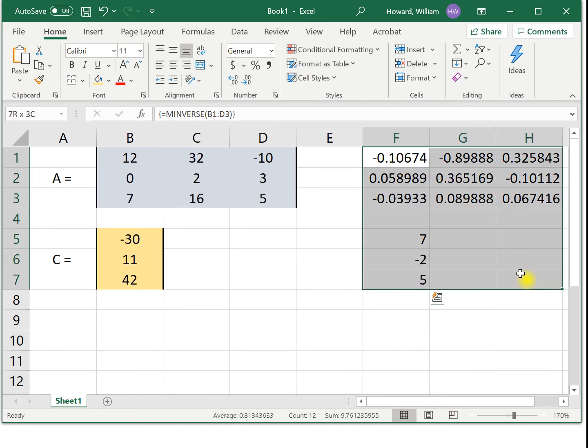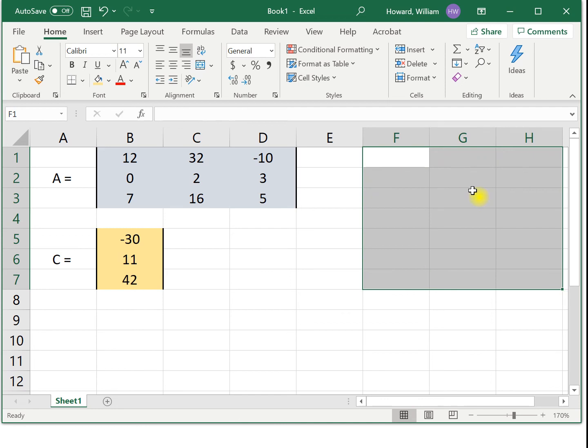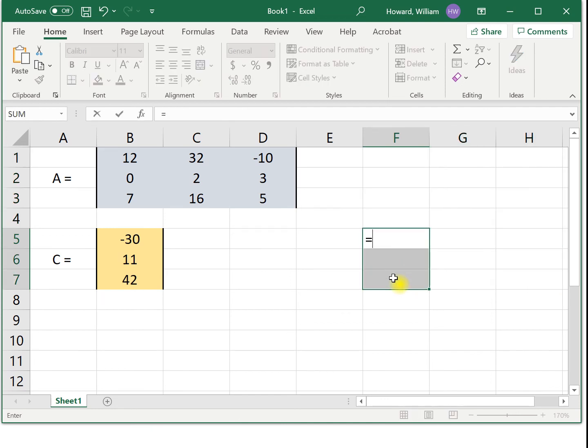Now, we don't have to show the inverse like that. If you want to combine the two steps, then what you can do is just start here and say equals mmult. Well, the first thing you want to multiply is the inverse of A. So what we're doing really is kind of stacking those commands.